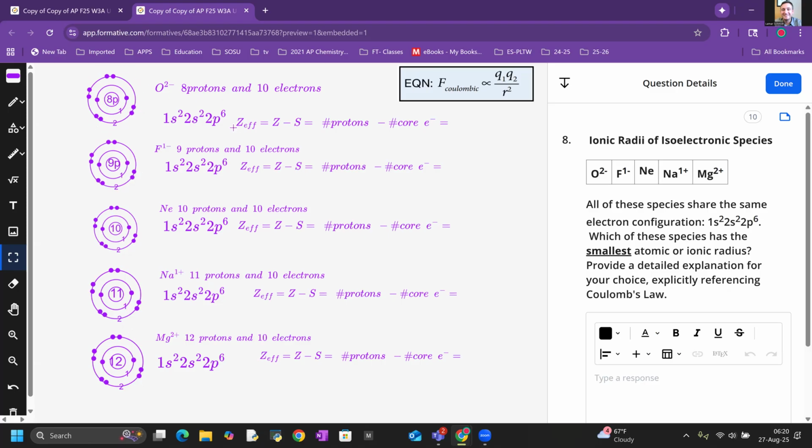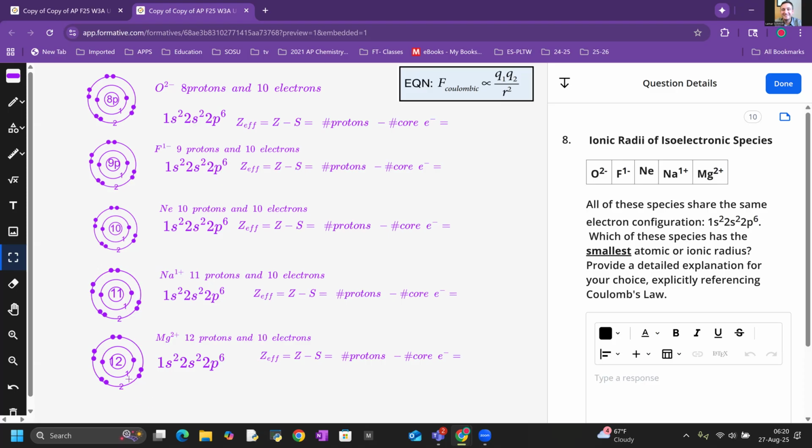They also have the same number of core electrons. Core electrons are the electrons that are not valence electrons. So if they are not in the outer shell, then they are considered core electrons. So here we see 2, 2, 2, 2, and 2.